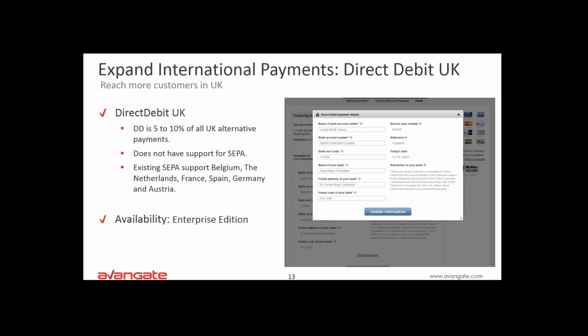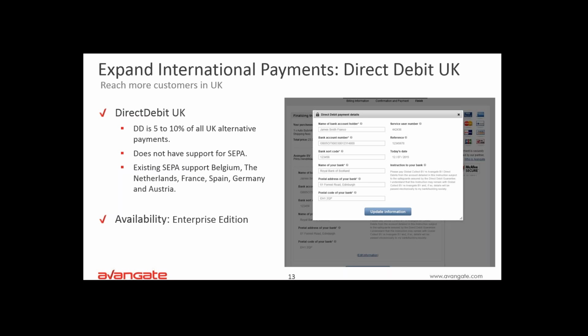Direct debit is quite popular in the United Kingdom in terms of usage. It's somewhere near 10% of the market for alternative payments in the UK. But then again, there are a lot of people that are familiar with this payment method.